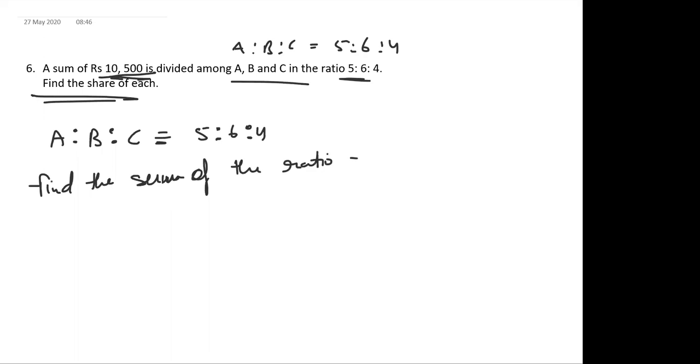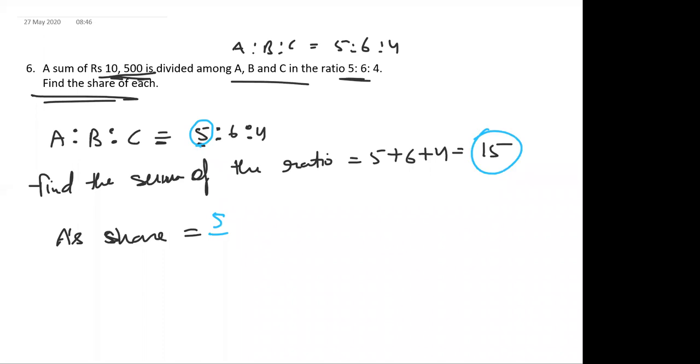So 5 plus 6 plus 4 is equal to 15. Now in order to find A's share, what do you have to do? Ratio of A, 5 upon total 15, into total value 10,500.